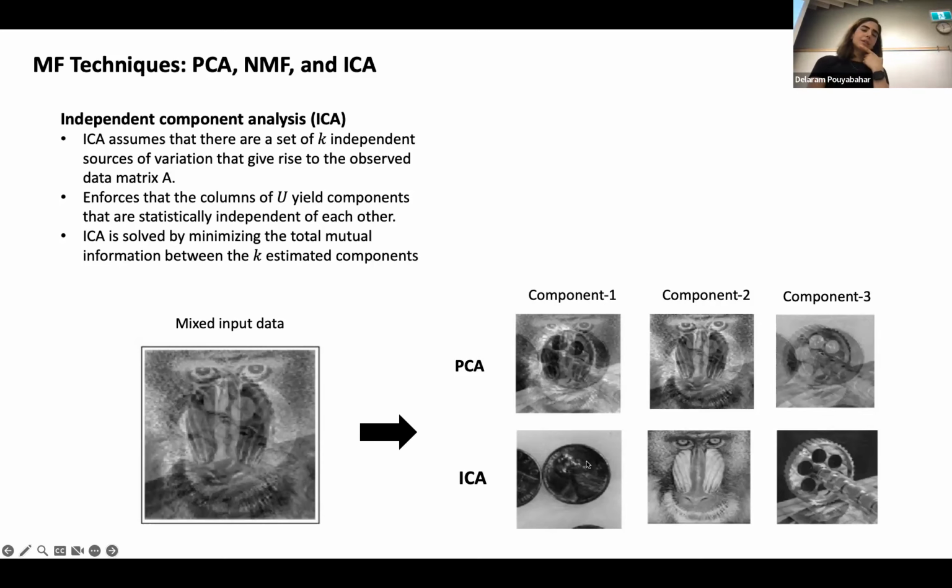And on the right, when ICA is applied, in the first 3 components, you can see that the components are capturing meaningful images, but with PCA, it seems like it's averaging different averages between these 3 images. So they're, again, very hard to interpret and figure out what each of these components individually mean.